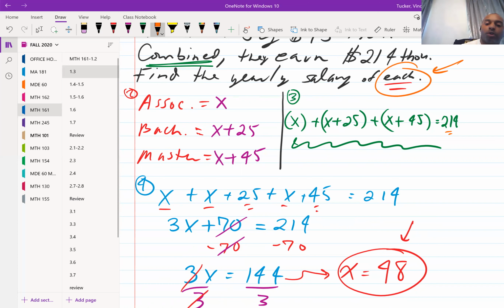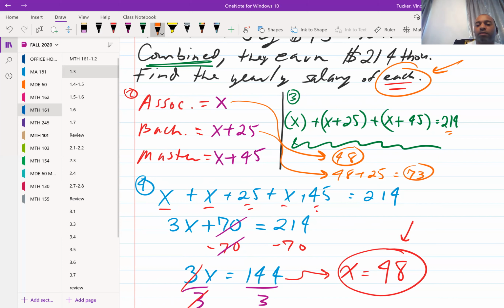All right. So we go back and plug in 48 into each one of these spots where x is located. So the man with an associate's earns $48,000. The man with a bachelor's is 48 plus 25.